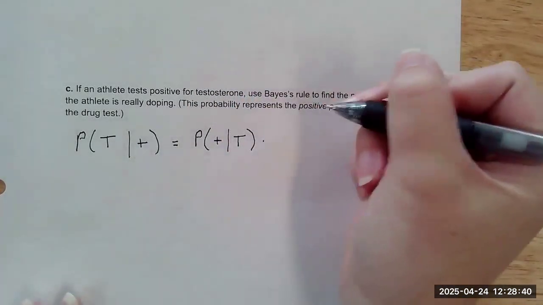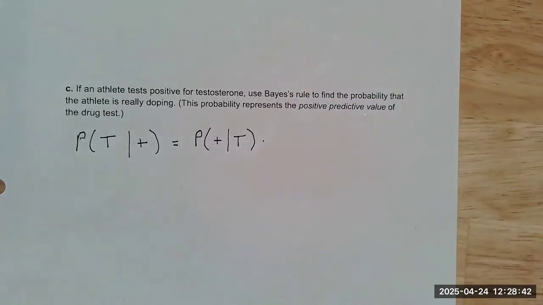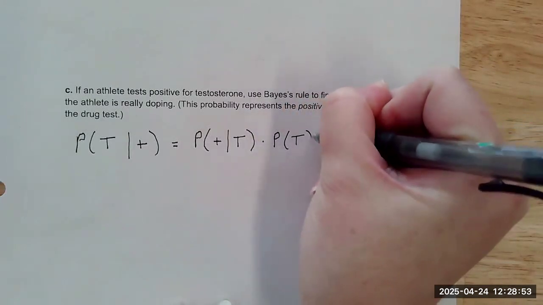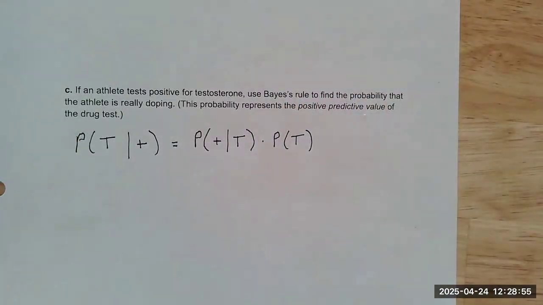Times, and we always end up multiplying by the probability of what's in the bottom here. So I'm going to say times the probability of T. Okay, so again, to start, when you're doing a Bayes' theorem one, whatever they gave you, switch them. And then whatever comes second, that's the thing that goes as the next probability.